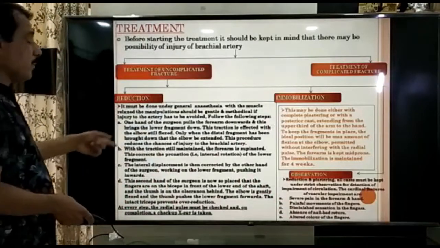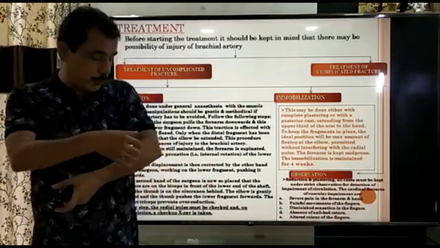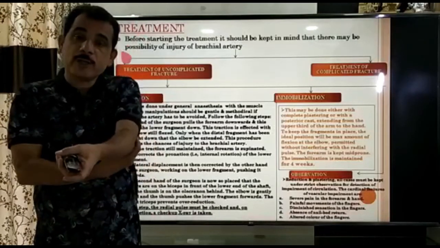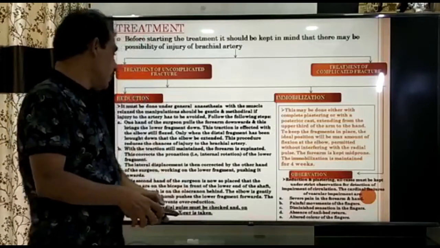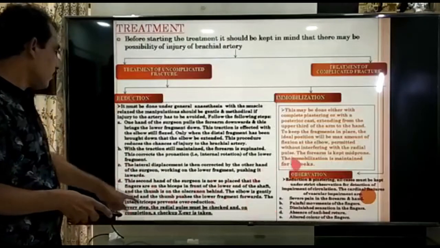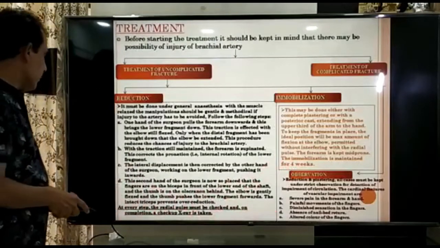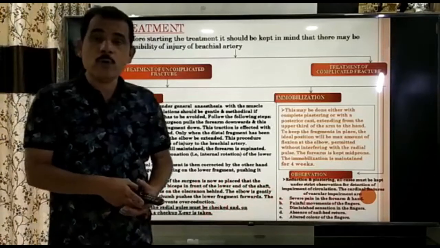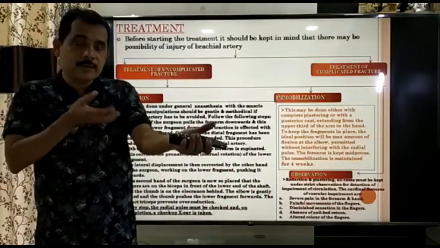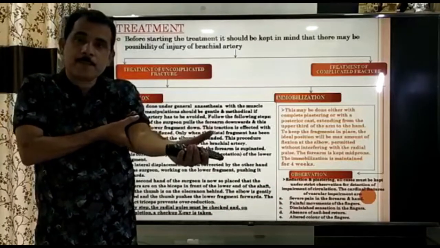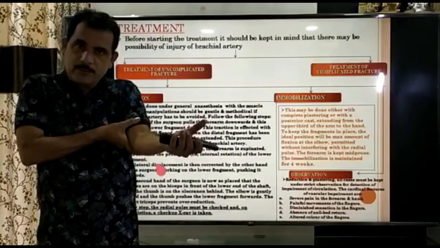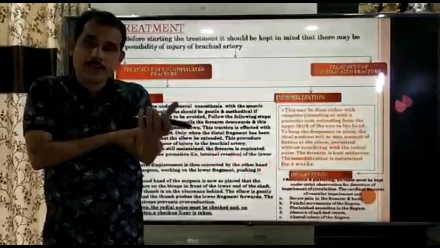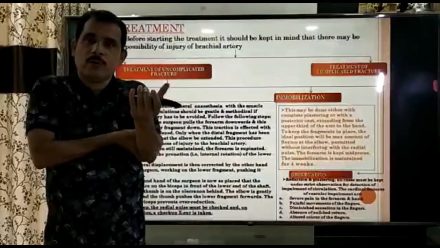Then the lateral displacement should be corrected by pushing with the other hand of the surgeon. You place this second hand so that the thumb is on the biceps and the fingers on the posterior aspect, and then flex the elbow.